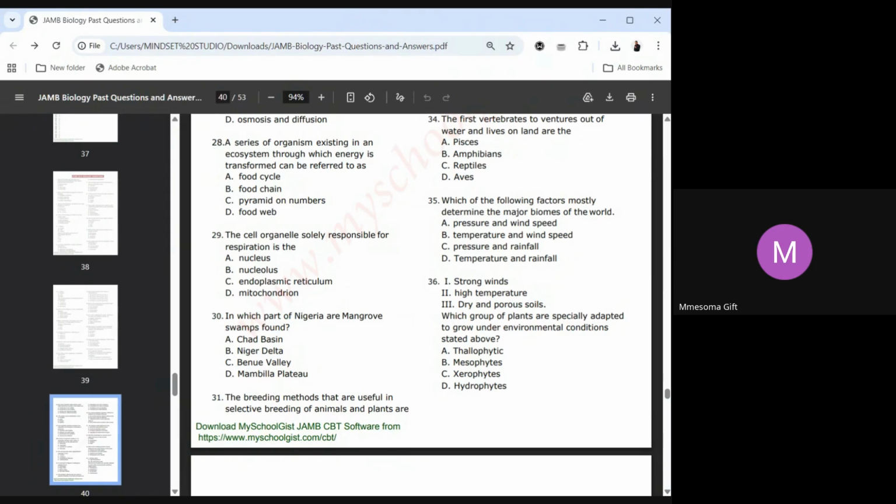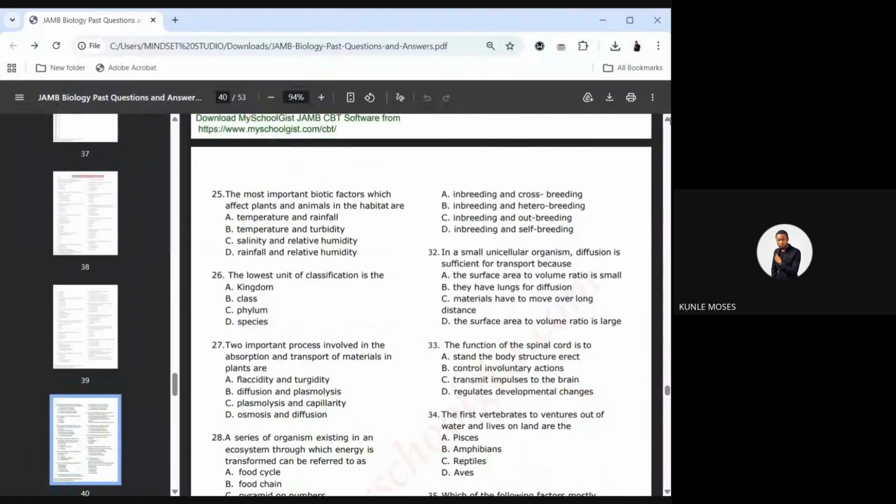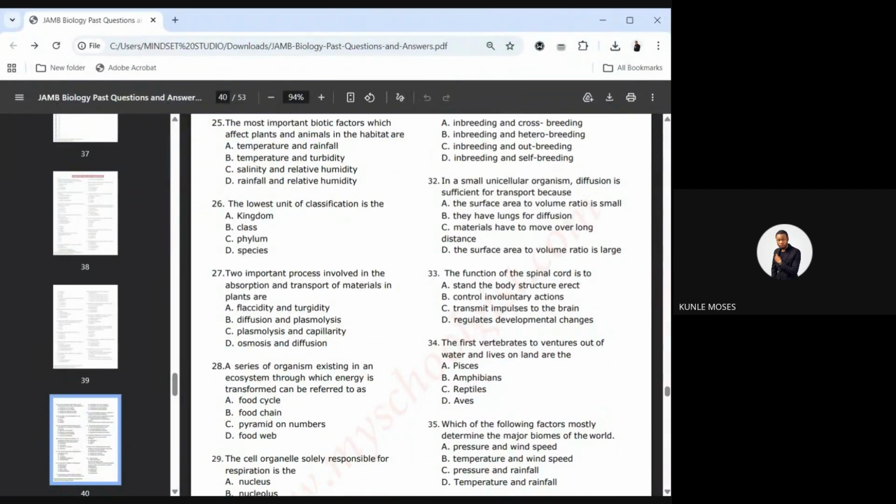In Niger Delta and southern coast. For southern coast, it's not there, it's just Niger Delta. Have you seen question 31? Done. Sir, A. Yes.